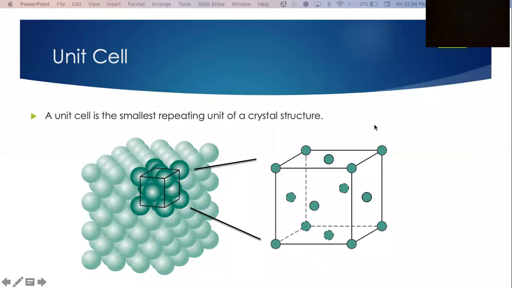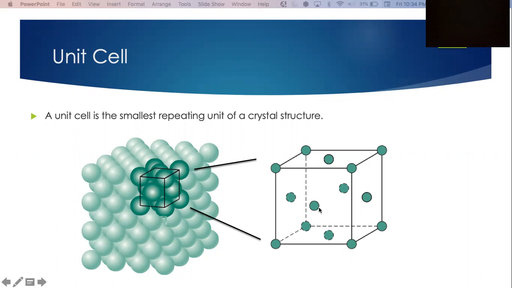So firstly, we should talk about the unit cell. A unit cell is the smallest repeating unit of a crystal structure. So once you have those 3D crystal structures we talked about earlier with the 2D structures stacked, then the smallest repeating unit will be this little piece here. And then this image on the right will show us a little bit more about what's going on in that unit cell.